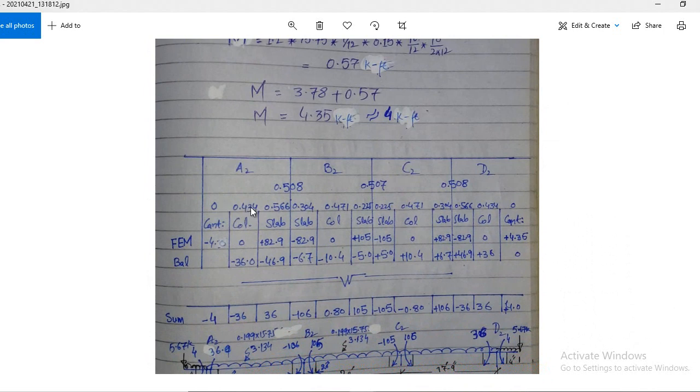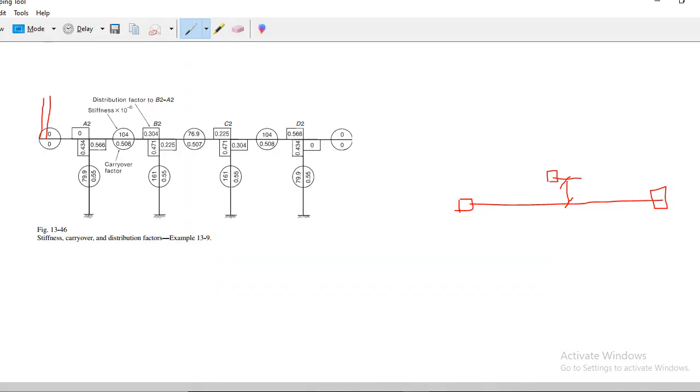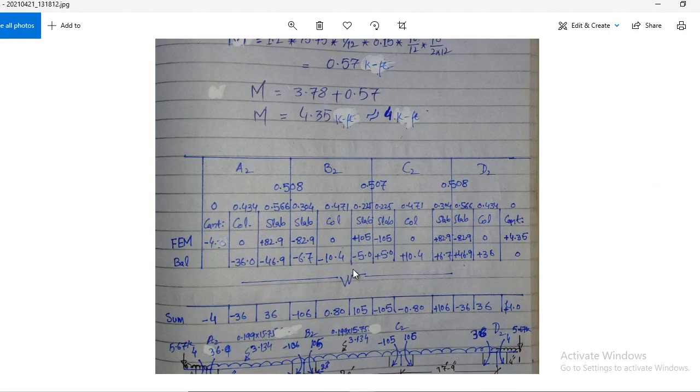And this is the distribution factor for the A2 column. This is the distribution factor for the A2 B2 span. This is the distribution factor for the B2 A2 span, and this is the distribution factor for the B2 column. I already explained these values. You see 0.82 is the column distribution factor. The distribution factor for this cantilever is 0. The distribution factor for A2 B2 is this one. Clear? So these steps are simple.